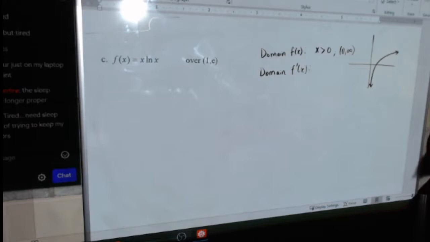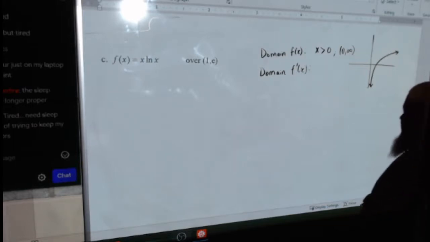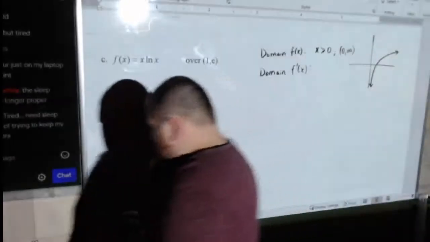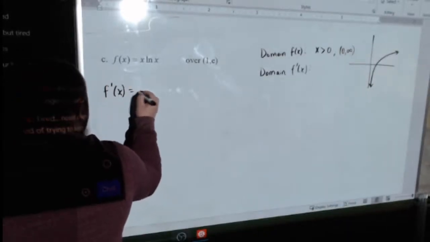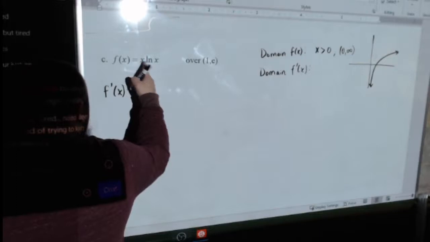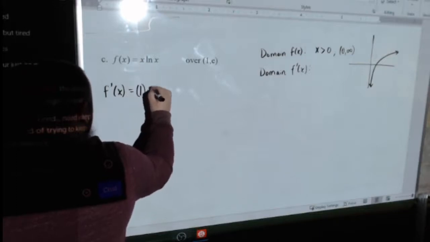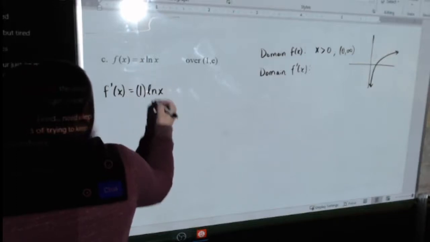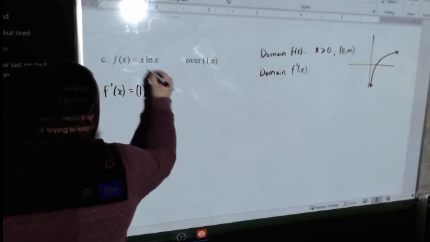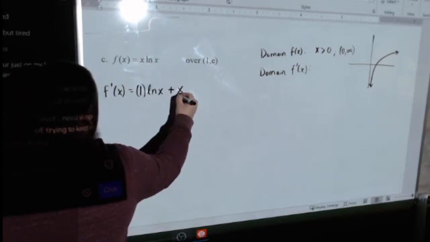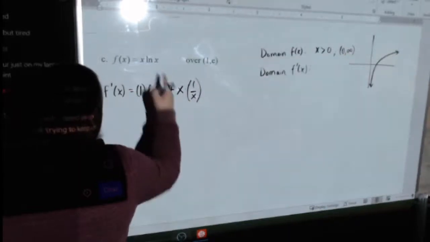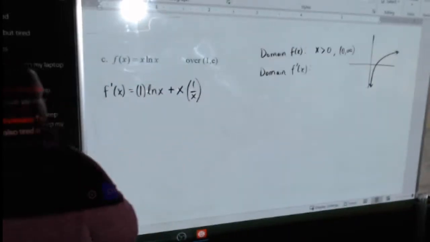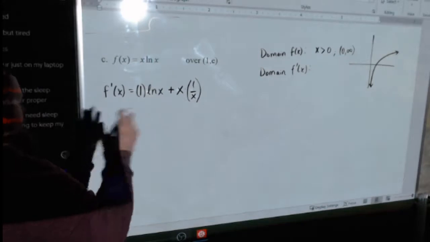The domain of f prime, well, let's find f prime. So this is a product. Derivative of x is 1 times the natural log. We just leave it alone. Plus, leave the x alone. Derivative of natural log is 1 over the inside. And because this is just x, we just get 1 over x.